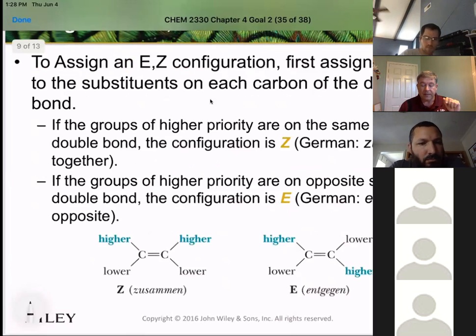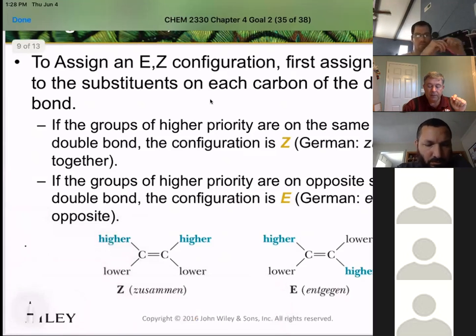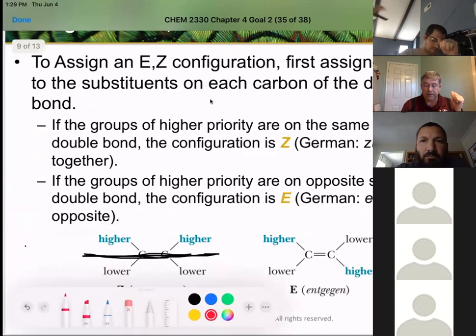However, if we have more than those two substituents, we have to go to the EZ configuration. And in the EZ configuration, we have to consider two axes. The first axis is the same axis as in the cis-trans. So we're looking at whether they're on the same side of that axis or the opposite side of that axis. However, when we assign priority, we only assign priority to one side of the molecule or the other side of the molecule.